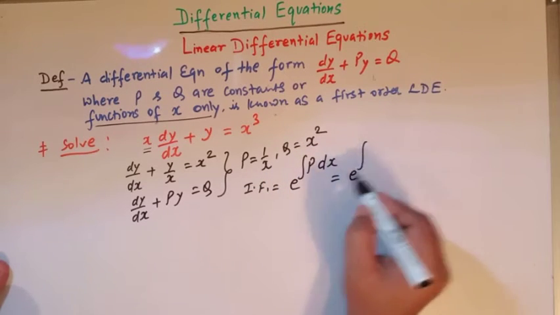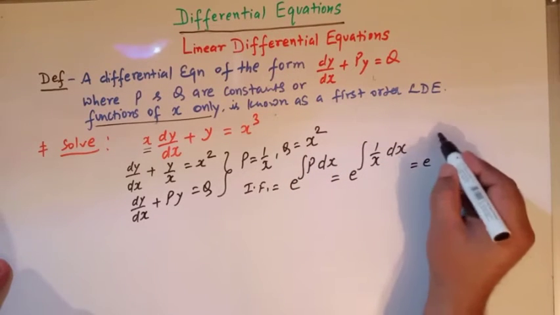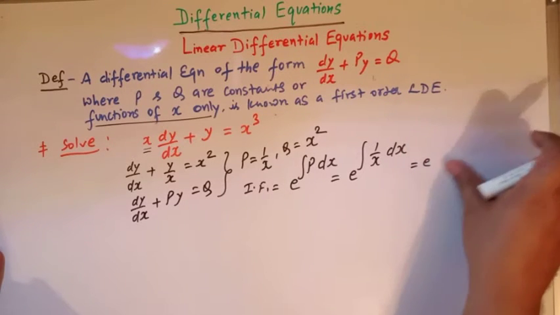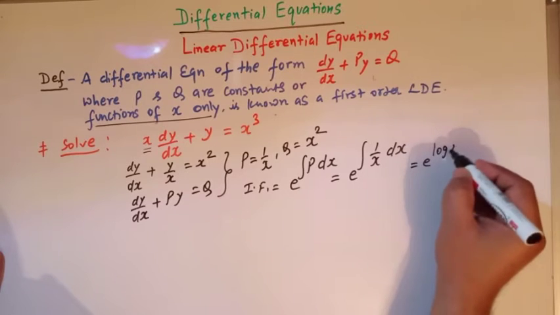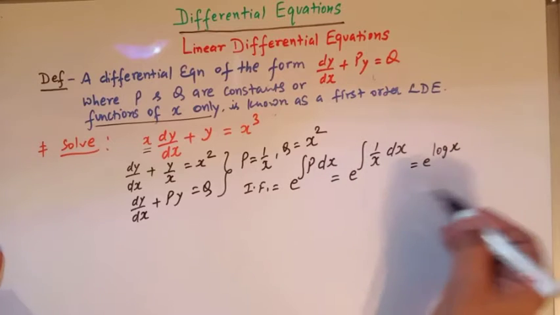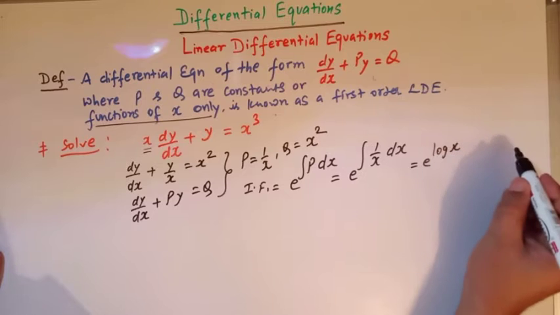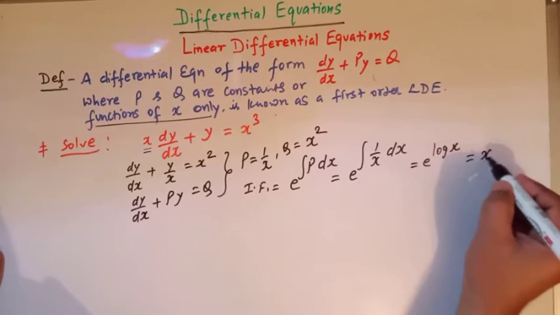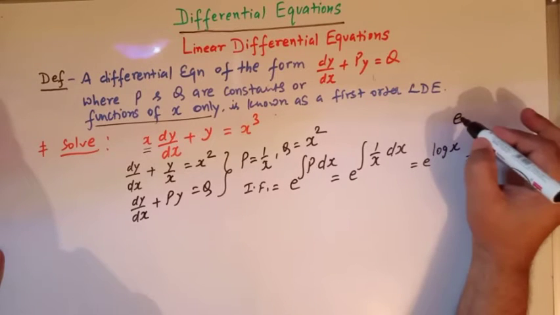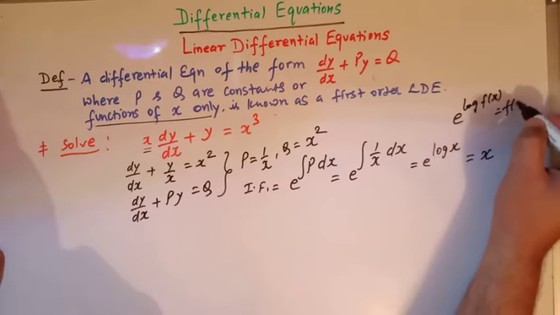We have the integral of 1 over x dx, which we can write as e raised to log x, because the integral of 1 over x is log x, and I have just told you the property e raised to log of f of x is equal to f of x, so this is equal to x. Clear?